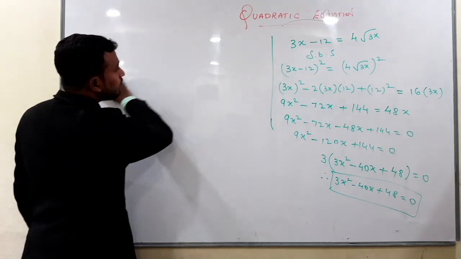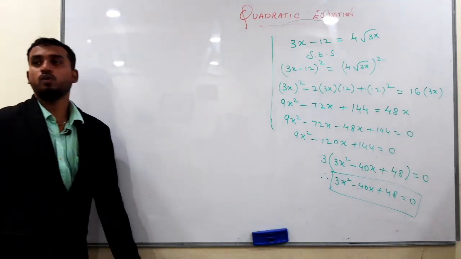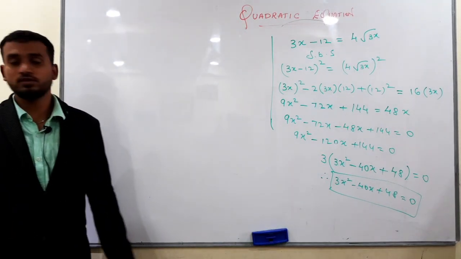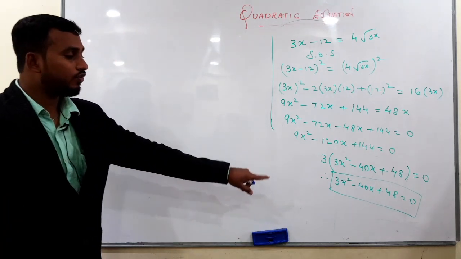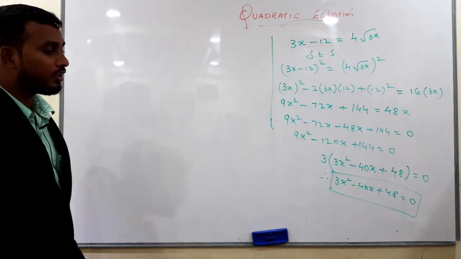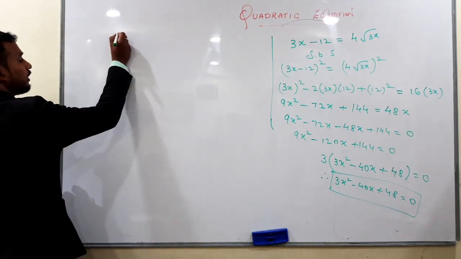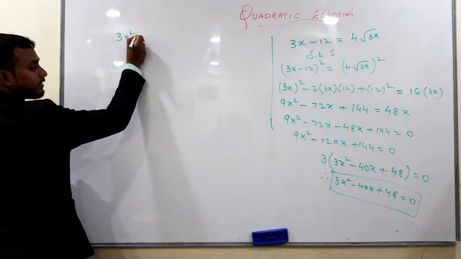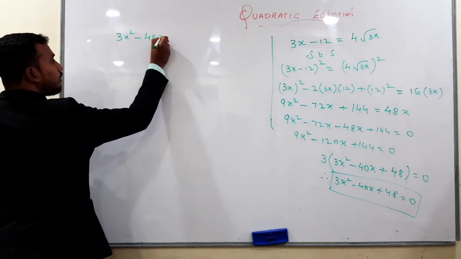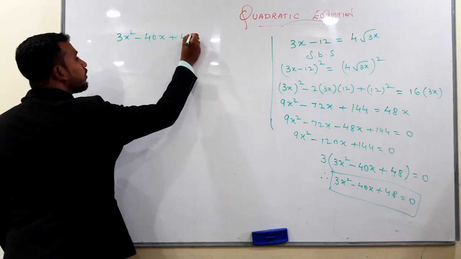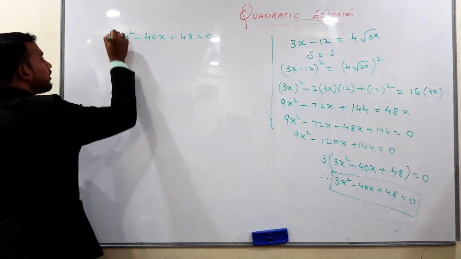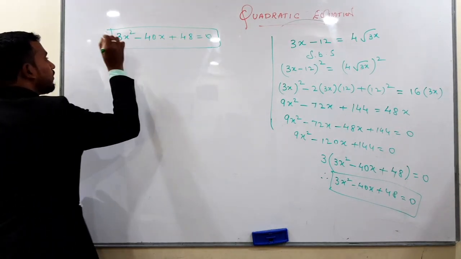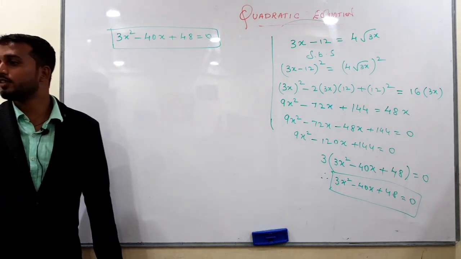Now, see here children. What is the quadratic equation we got? 3x square minus 40x plus 48 is equals to 0. This is the quadratic equation we have got. Correct?